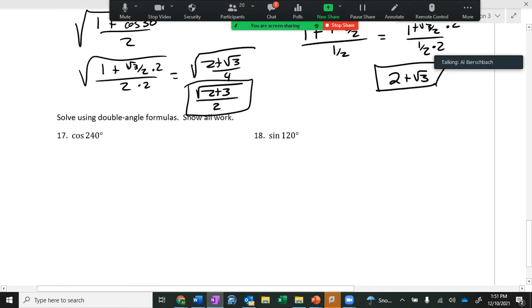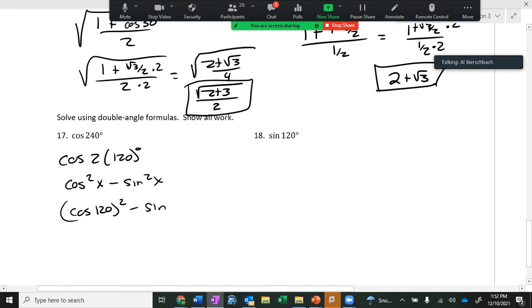Okay, now to double angle formulas. And I know these. Cosine of 2 times 120 degrees is the cosine squared of x minus sine squared of x, which is cosine of 120 squared minus sine of 120 squared, which is negative 1/2 squared minus square root of 3 over 2 squared.